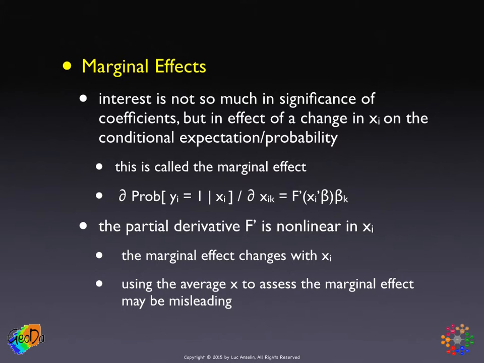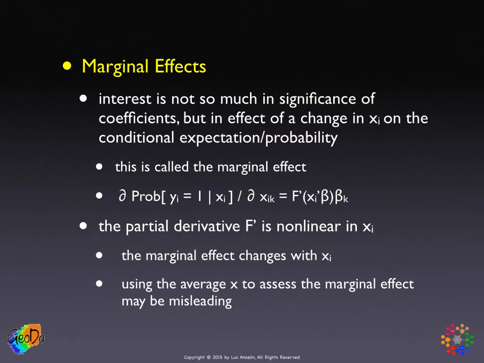So in a linear regression, if you want to find out what is the effect of changing one of the explanatory variables on your predicted value, the change of x on the change in y, that's just a coefficient. But because the Probit model is nonlinear, or any qualitative dependent variable model for that matter is nonlinear, the effect of a change in the explanatory variables on the outcome is no longer a constant.